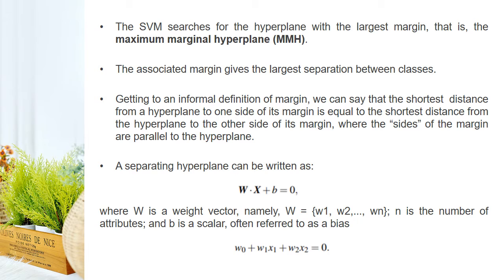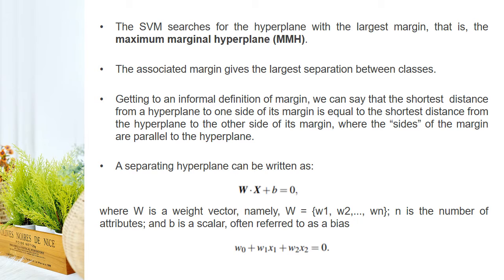So the two classes being separated here are yes and no. The hyperplane is represented with an equal shortest distance to each side, and that distance will be the margin. A separating hyperplane can be written using this equation, w · x + b = 0, where w is a weight vector, namely w1, w2, up to wn, n is the number of attributes, and b is a scalar, often referred to as a bias value.